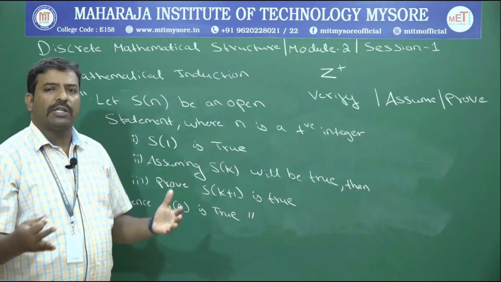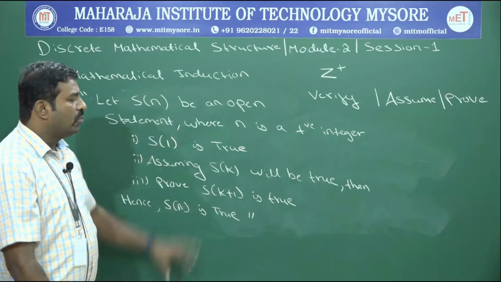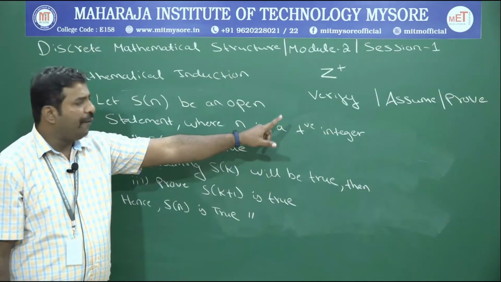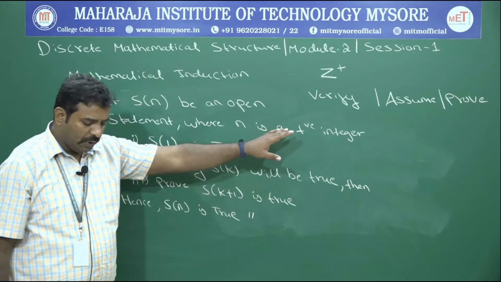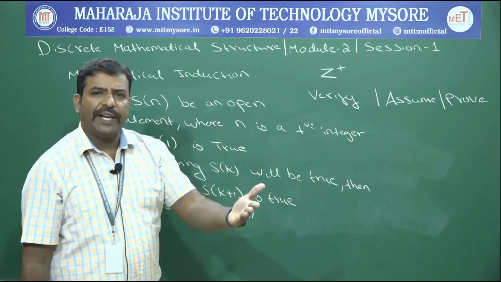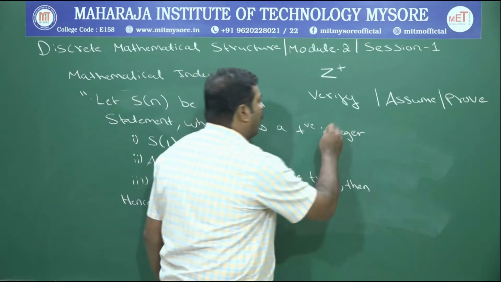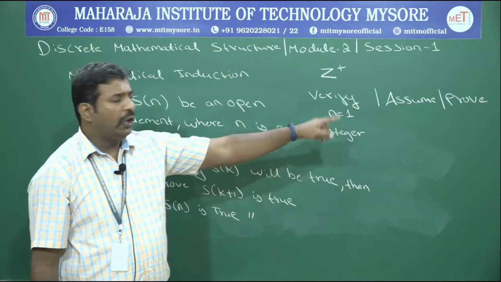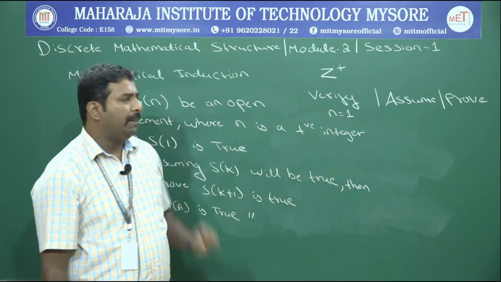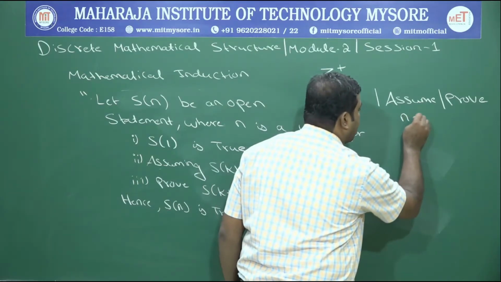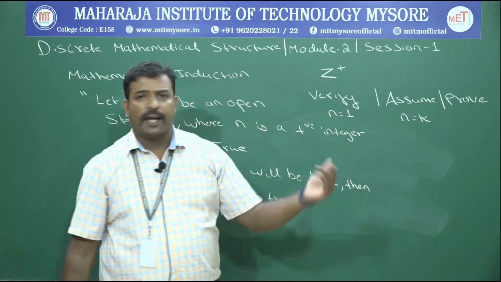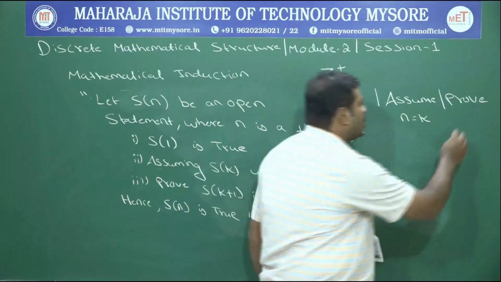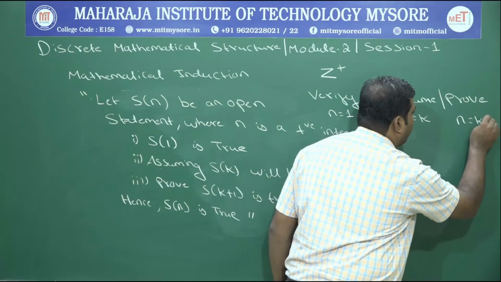Hence, whenever we are going to say what the induction principle states, this is what we are going to put in. So now I am just going to have verify, assume and prove. That is what I just told you. Now verify will usually happen with the very first element. Hence, I am going to verify by making the value of n equal to 1, and I am going to assume for any randomly picked object, so I am going to make this n equals k, and I need to verify the proof for the next element, which is going to be n equals k plus 1.